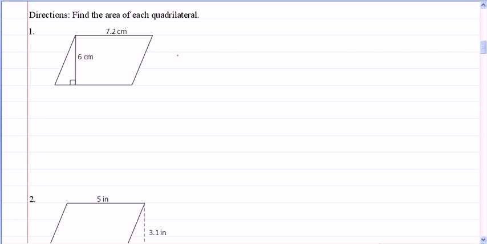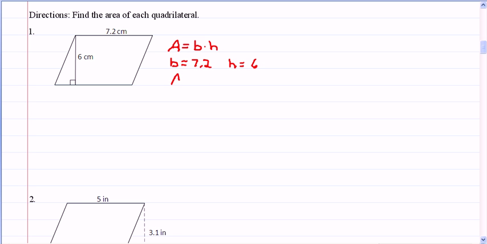So the directions are to find the area of each quadrilateral. In this first shape, we have a parallelogram. The formula for the area of a parallelogram is base times height. The base is equal to 7.2, and the height is equal to 6.